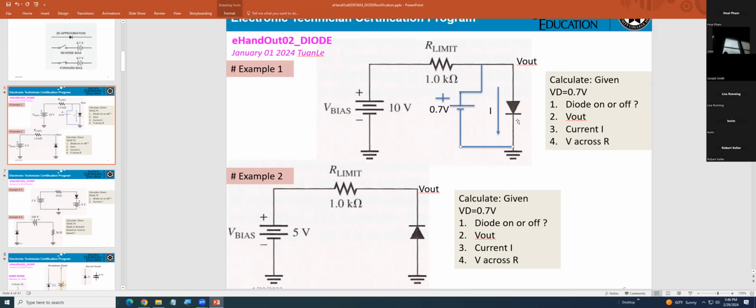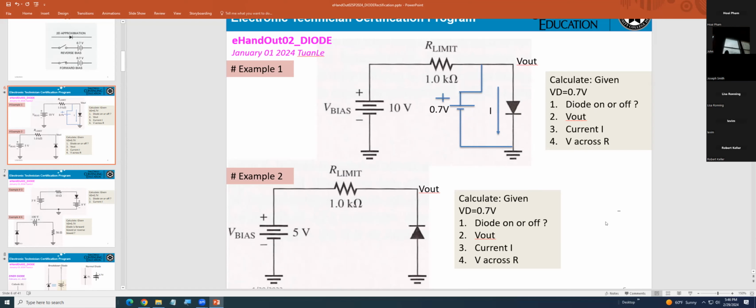My question is, what does V out equal? If the circuitry looks this way, what is V out? Isn't it 10 volts? Oh, 9.3.